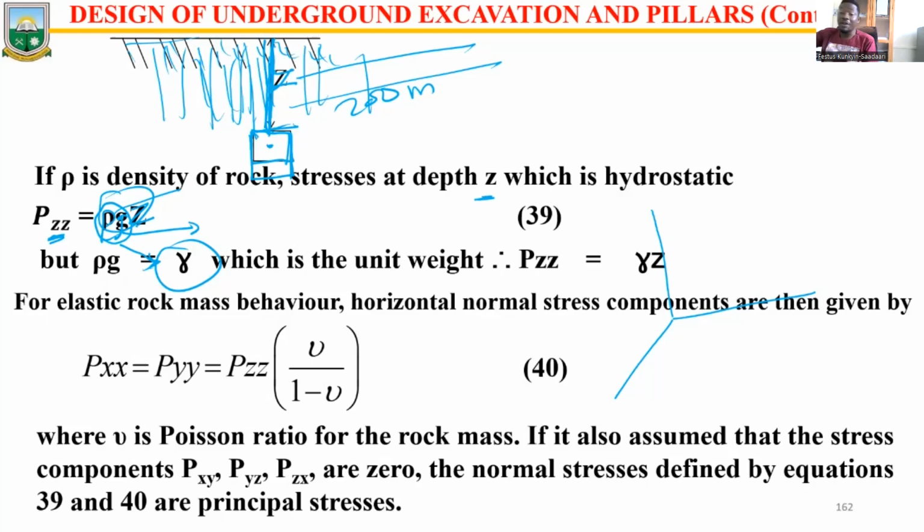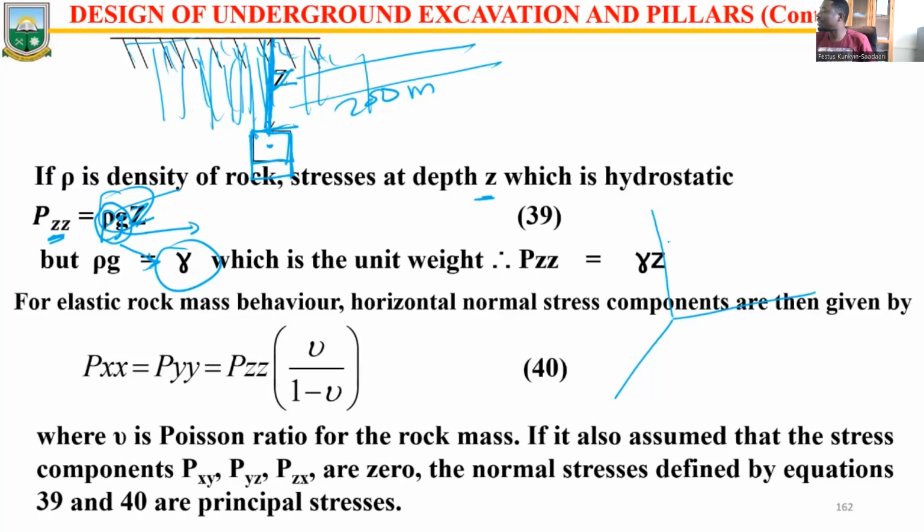And that too, if I want to consider the horizontal stress, remember your Poisson ratio. That tells us how much deformation in terms of strain we should expect when we bring about that kind of deformation.